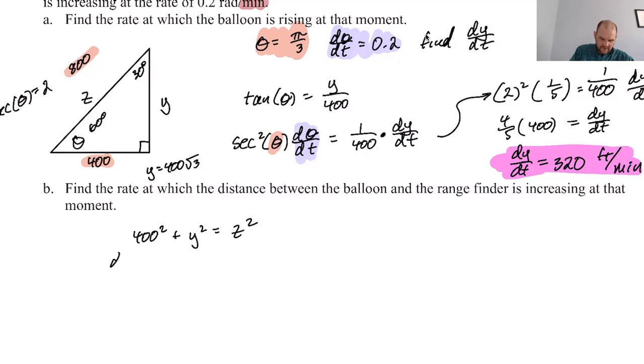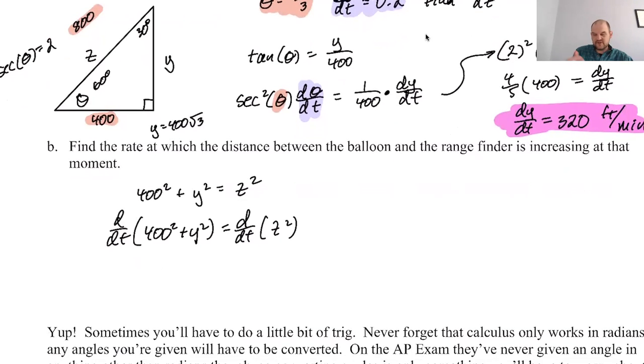And then take the derivative with respect to t of both sides. The derivative of 400 squared is a constant, so the derivative is 0. So this will give me 2y dy dt equals 2z dz dt.